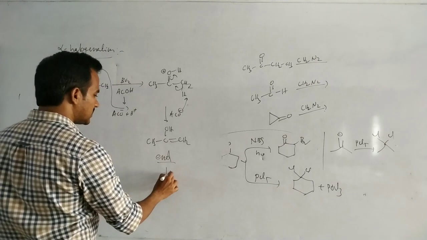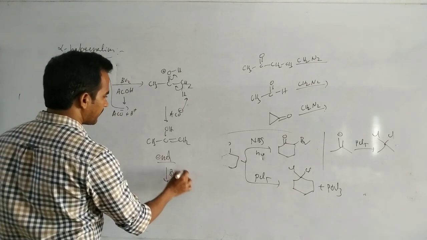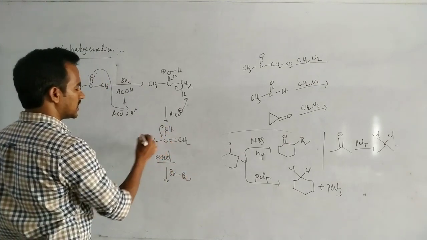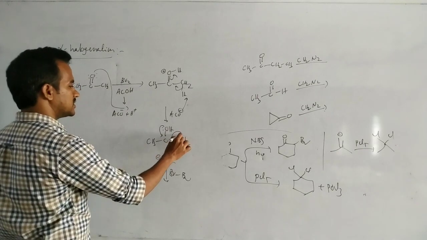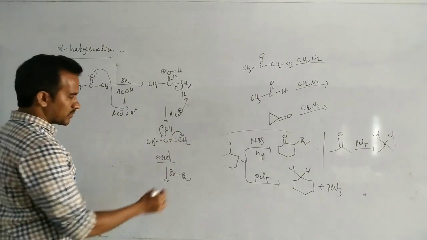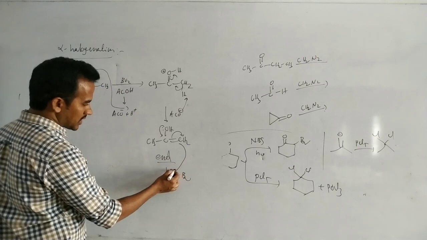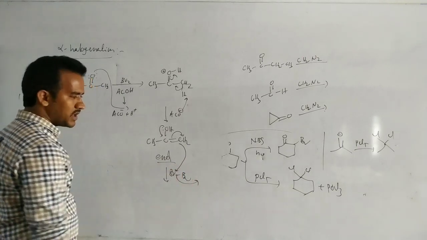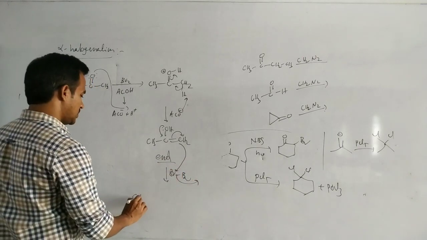Now this enol is treated with bromine. This carbon carries a negative charge, and this negatively charged carbon attacks the Br plus, with Br minus removed.